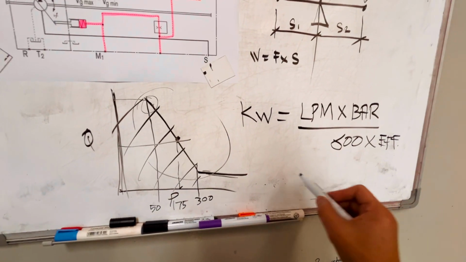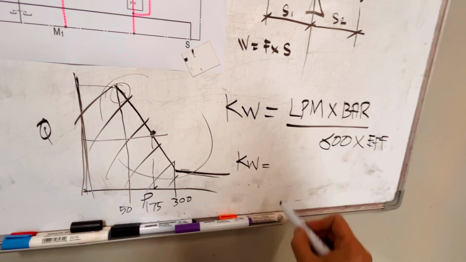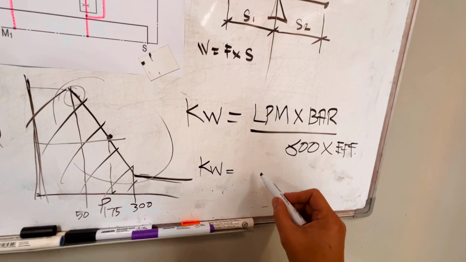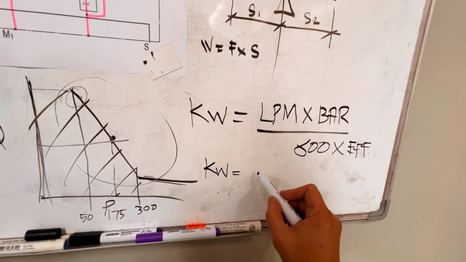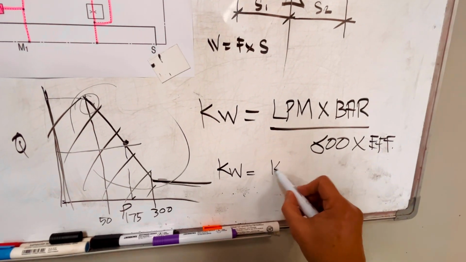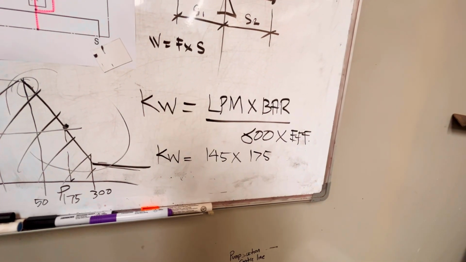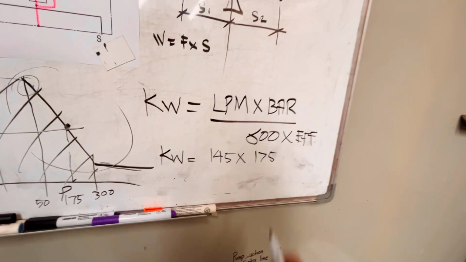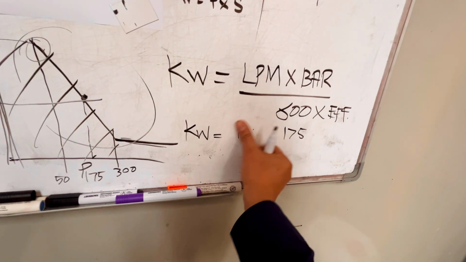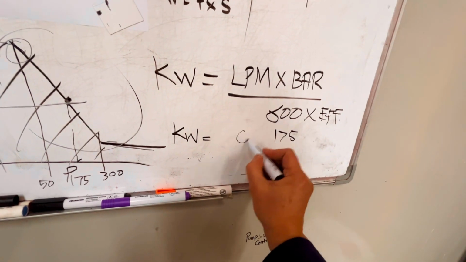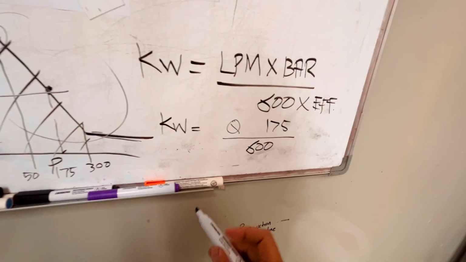Let's do this. You have a kilowatt, and then you have your flow, let's say 145 liters per minute, times 175, so 145 times 175. So let's say your kilowatt, Q is unknown, divided by 600.